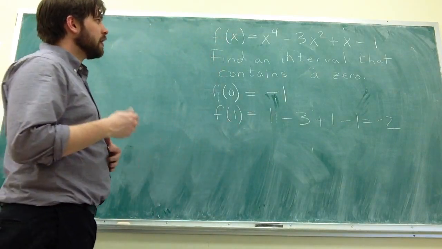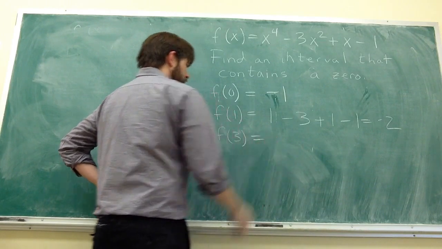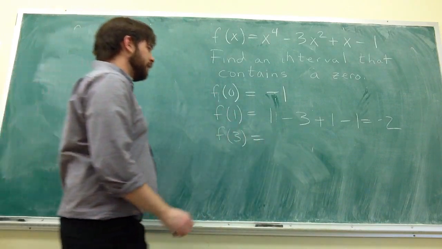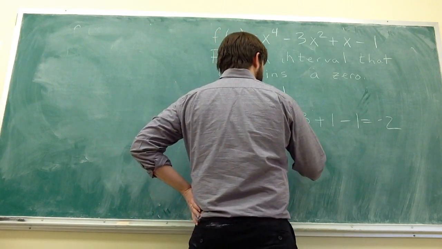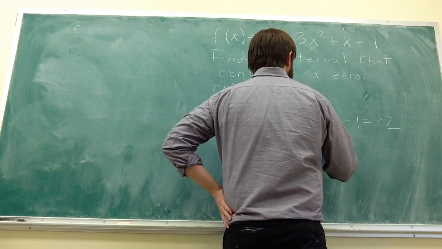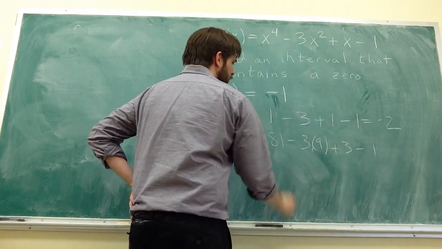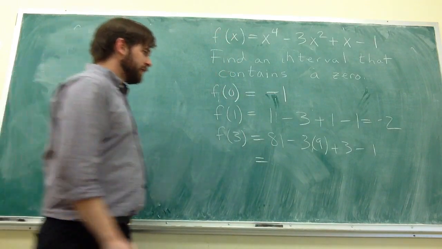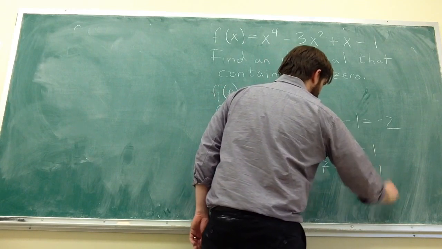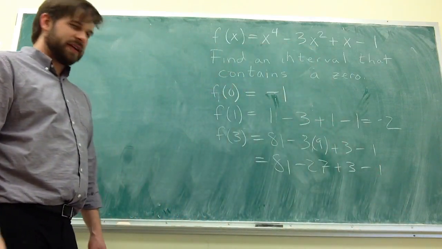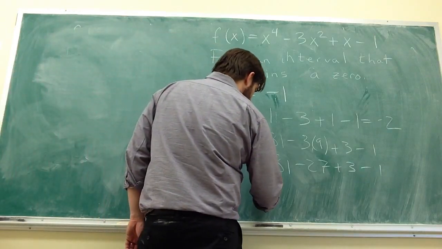Okay, so let's maybe go up a level here. Let's look at f of 3. So f of 3 would be 81 minus 3 times 9 plus 3 minus 1. So it's 81 minus 27 plus 3 minus 1. So we would get 54, 57, 56.